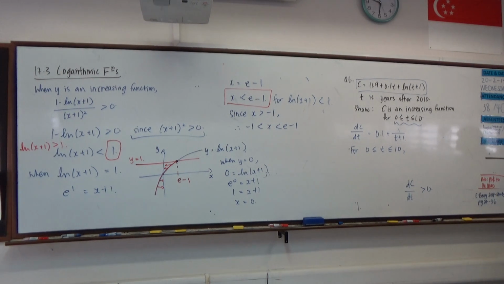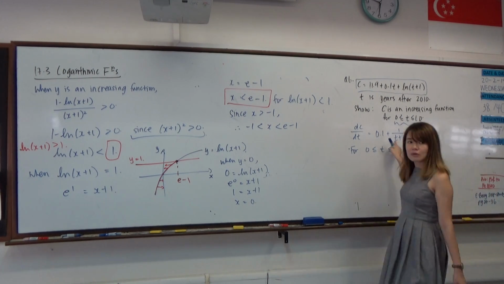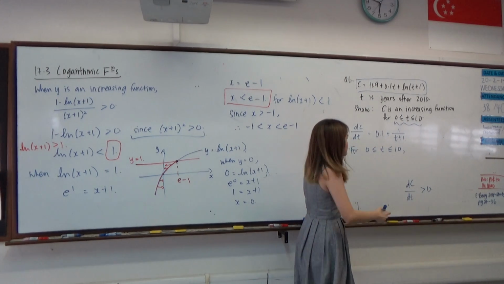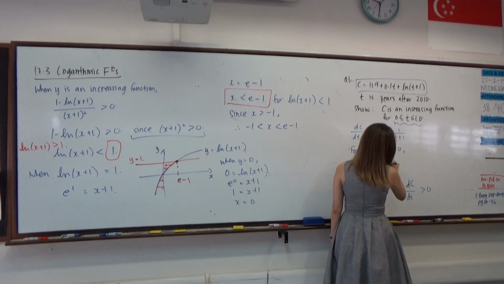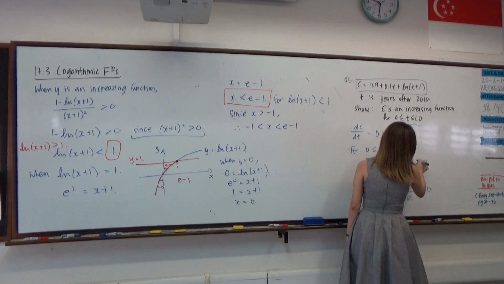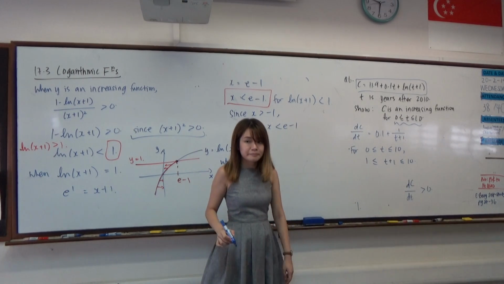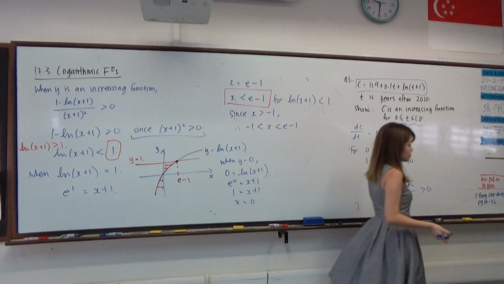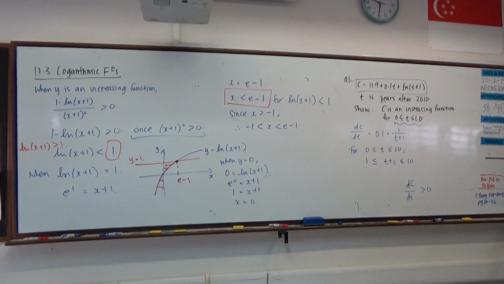So t is between 0 and 10. Then what do we do from here? Just add 1, because our expression at the denominator is t plus 1. So 1 less than or equal to t plus 1 less than or equal to 11. Then what next? We want 1 over t plus 1.